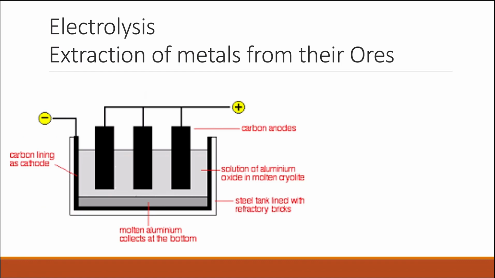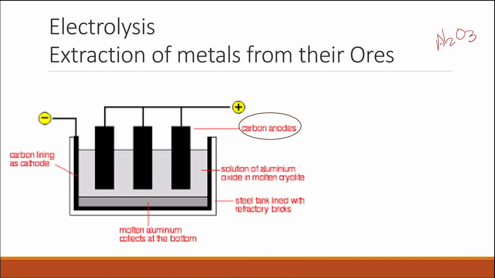However, electrolysis is expensive and it requires lots of energy. The typical example that we are going to discuss here is the extraction of aluminium from its ore, which is bauxite. The aluminum oxide, Al2O3, is the bauxite, and this is the ore used for extraction of aluminium.